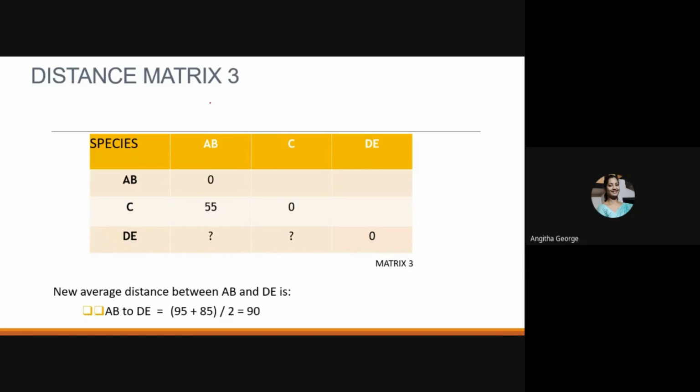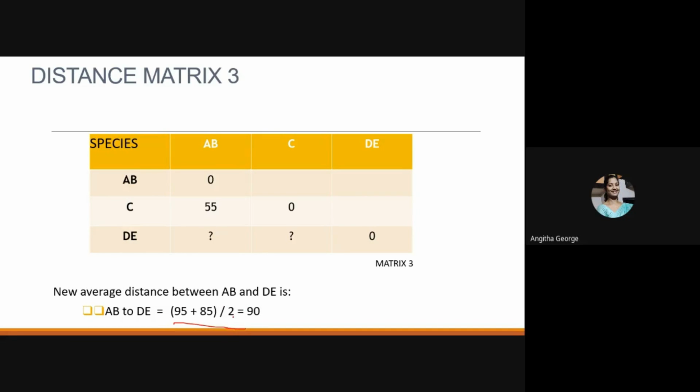So the distance matrix 3, that is AB and AB 0, and C to AB we know 55, C to C is 0, and we have to find the values of the distance between AB and DE and C to DE. So the average distance between AB and DE is 95 plus 85 divided by 2.